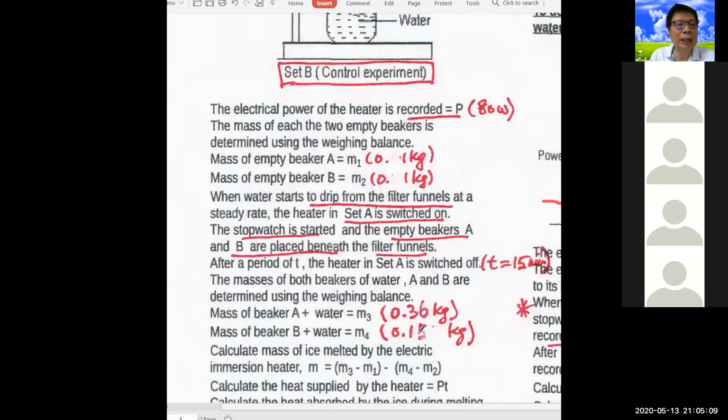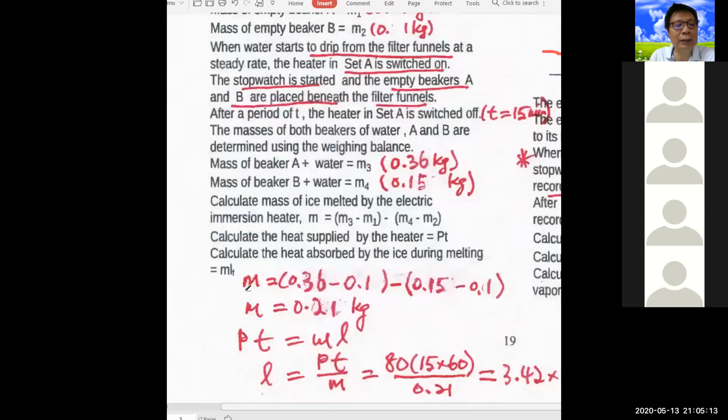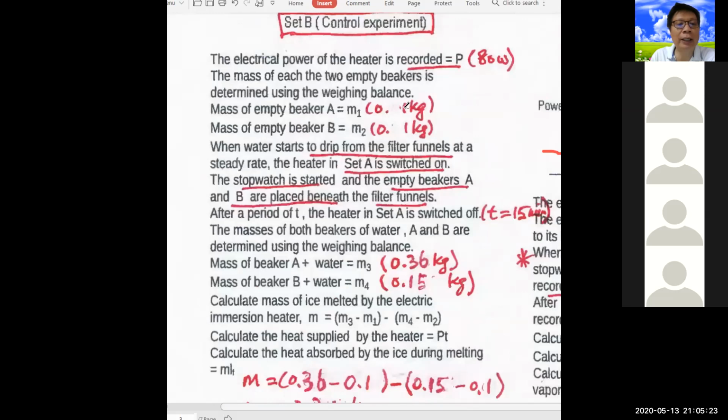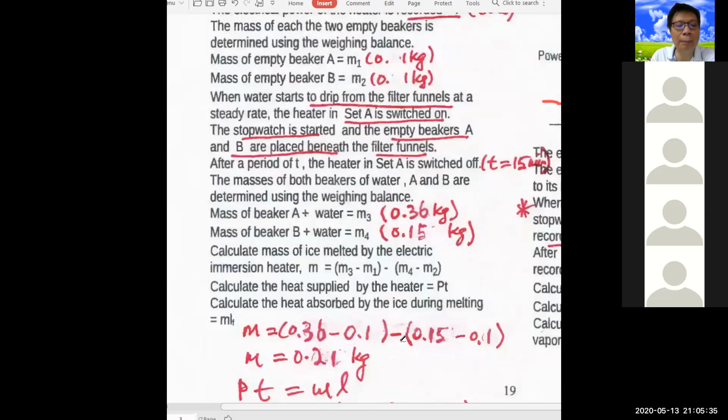Now the calculation. You want to find the exact mass of ice melted. So you take this value minus the empty beaker: 0.36 minus 0.1, and 0.15 minus 0.1, minus the empty beaker mass. Then you take beaker A minus beaker B, the control experiment one.